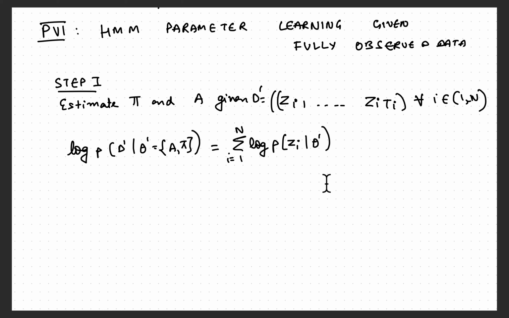You don't need the observation data x's for learning pi and a in this case. So I could write down the logarithmic of the probability of this data given the parameters a and pi, that would be the log likelihood over these multiple different sequences, or the log likelihood of the data given the parameters.